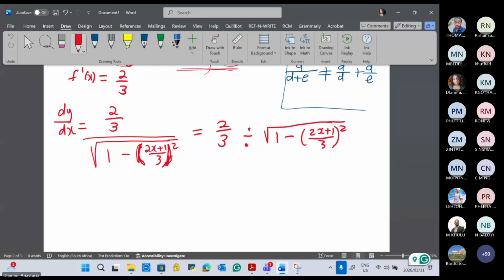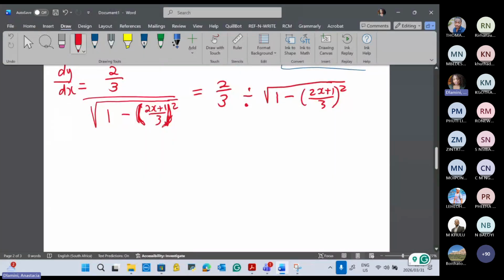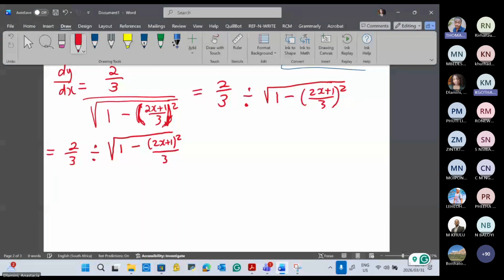For me, I'm writing it like this because I just want it to look simple so that I don't make a lot of errors. So this is equal to 2 over 3 divided by, let's simplify what is in the square root: 1 minus 2x plus 1 squared over 3 squared. Do you agree with me? Yes, I agree.